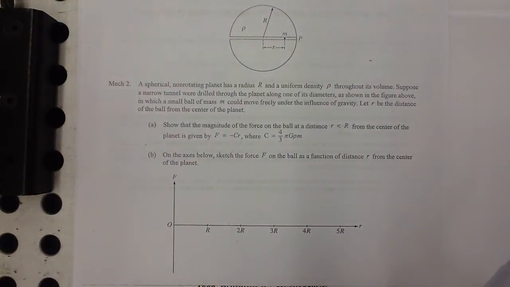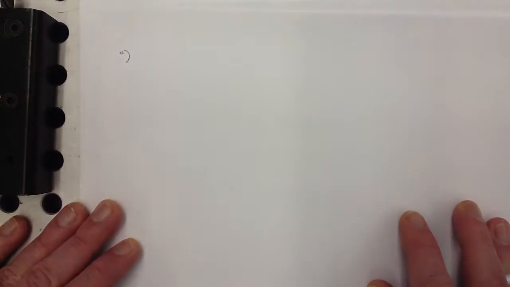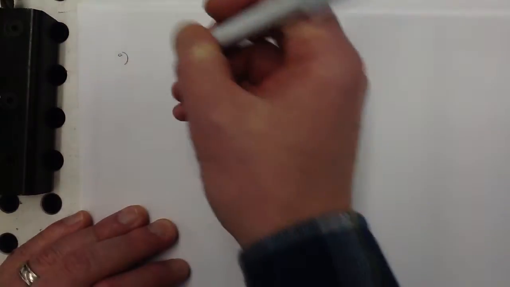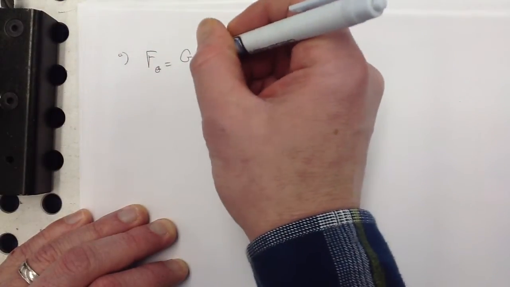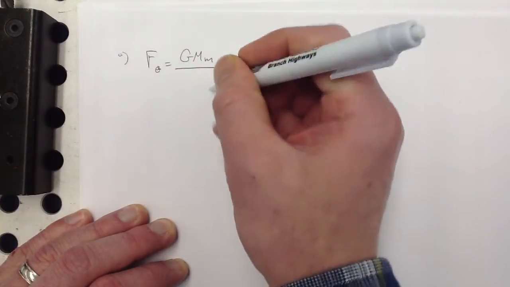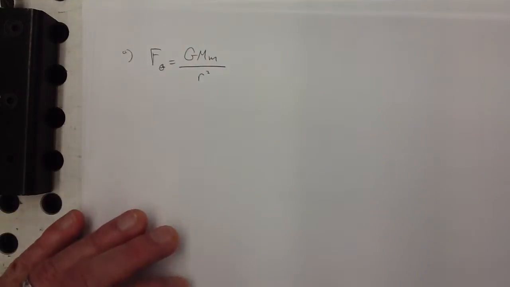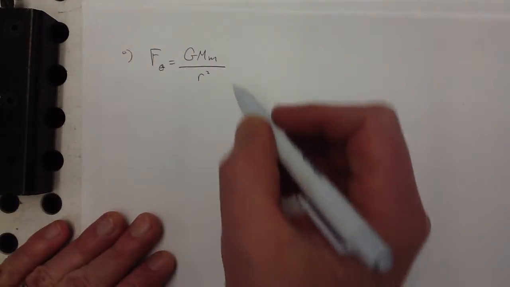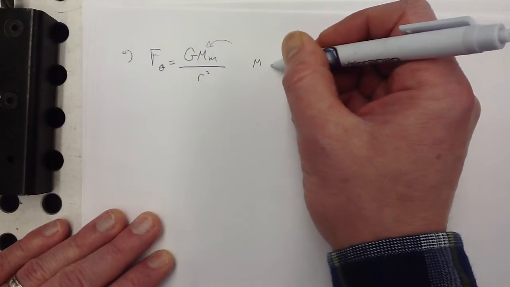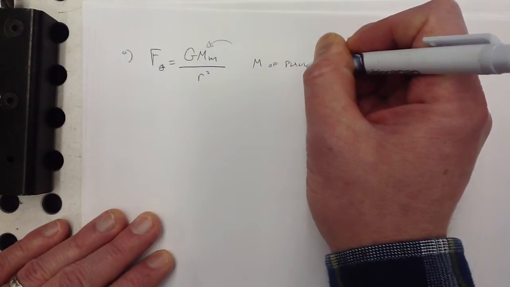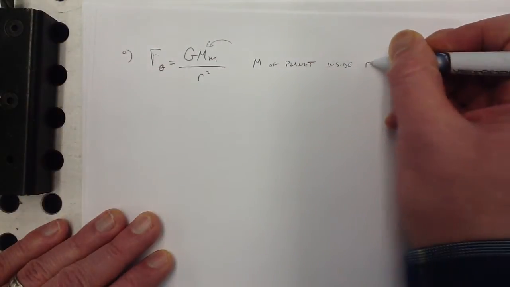All right, let's see if we can do that. So, part A. We're trying to show gravitational force, and we know that the gravitational force is going to be G M m over small r squared, right? Now the problem here is that this large M, we want this to be the mass of the planet that's only inside that radius of r.